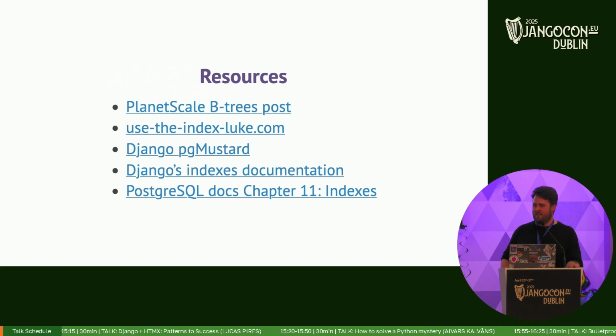It covers general SQL advice. It's kind of targeted to Oracle, but it diverges into, if you're on Postgres, do this, and that's cool. If you search for Django PG Mustard, you'll find my blog post on using PG Mustard, the technique I just showed in a bit more detail. And then I'd always recommend you go read the docs. So the Django documentation on indexes, or the Postgres docs, or perhaps your database of choice.